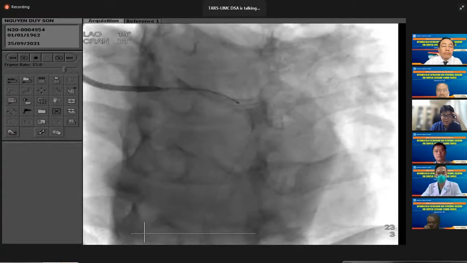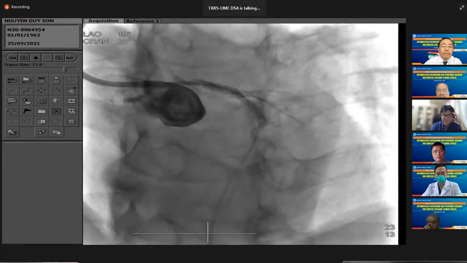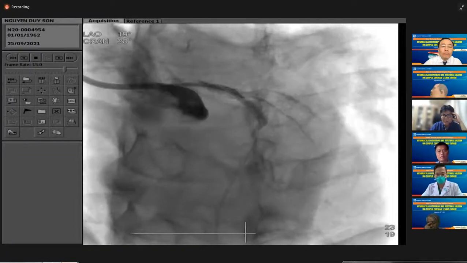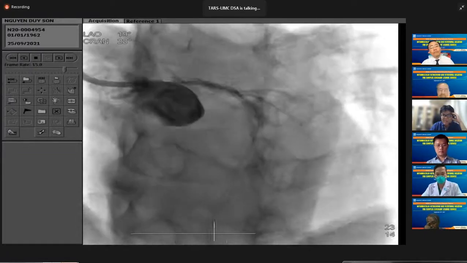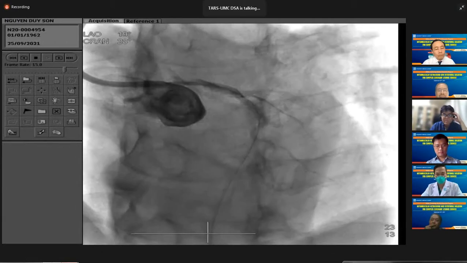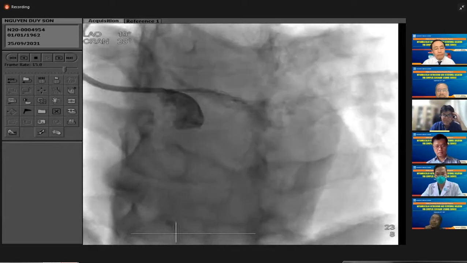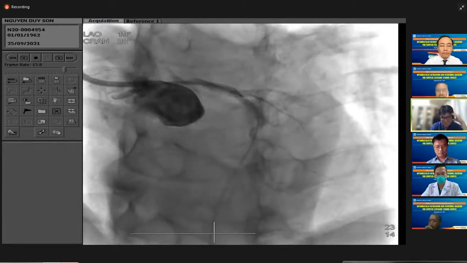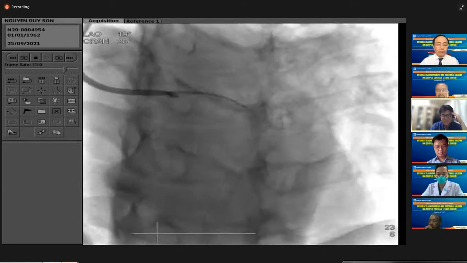Okay. You mean that we use the IVUS and the stent at the same time, or we just mark with the IVUS first, and after that we move the IVUS, mark the point, and use a stent? Yeah, that is my style, Kokura style, Japanese style.